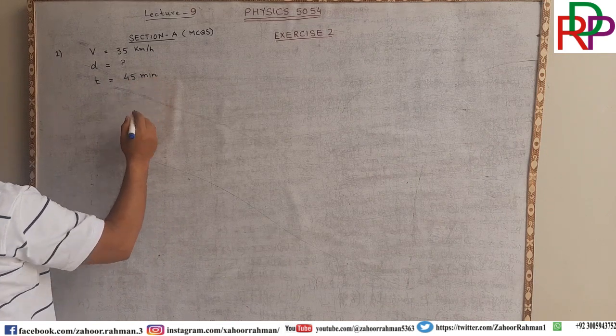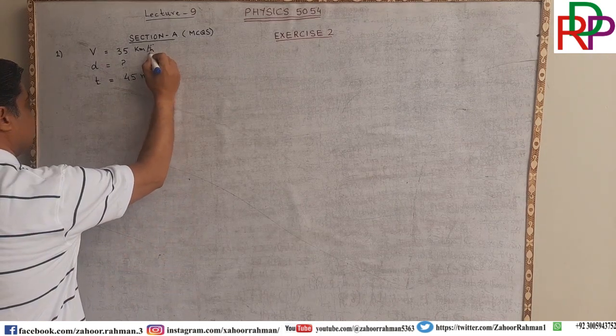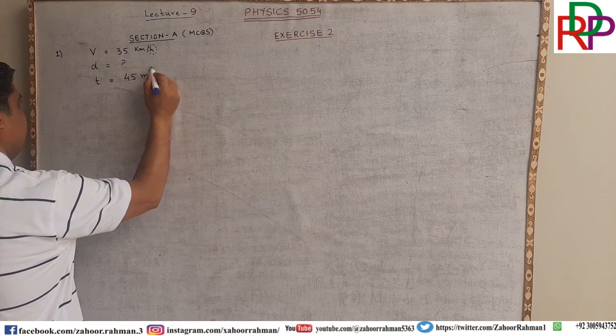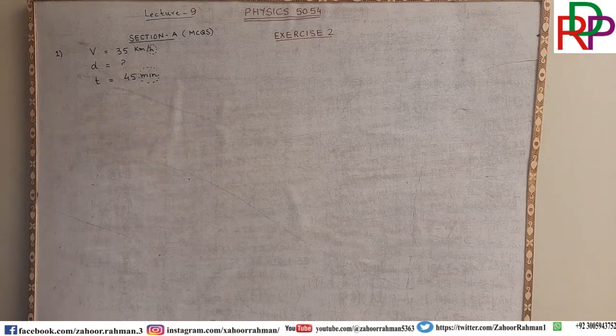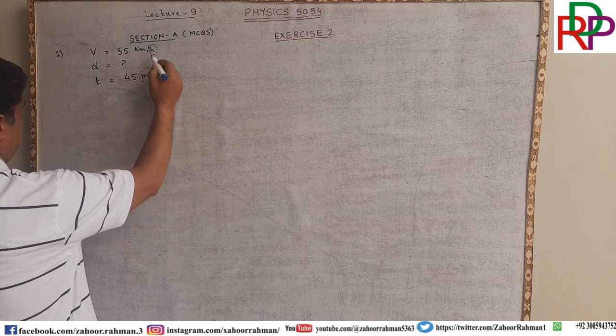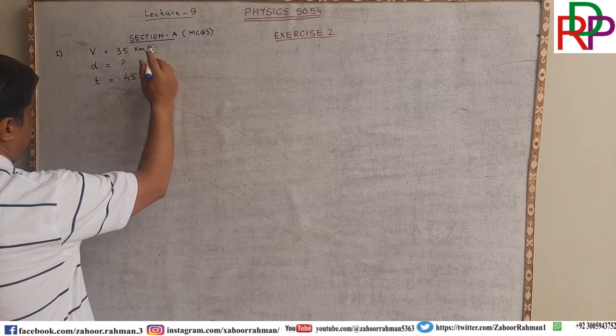Now, many students are not paying attention to this information, that one is given in the hour and one is given in the minute. So the unit must be the same. Either you have to convert that h into the minute or these minutes into the hours.